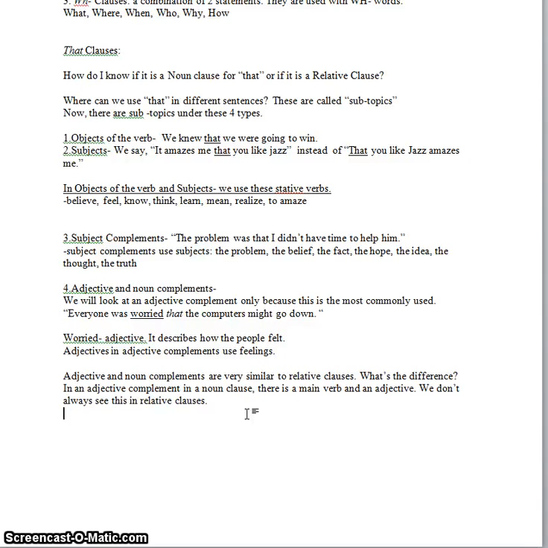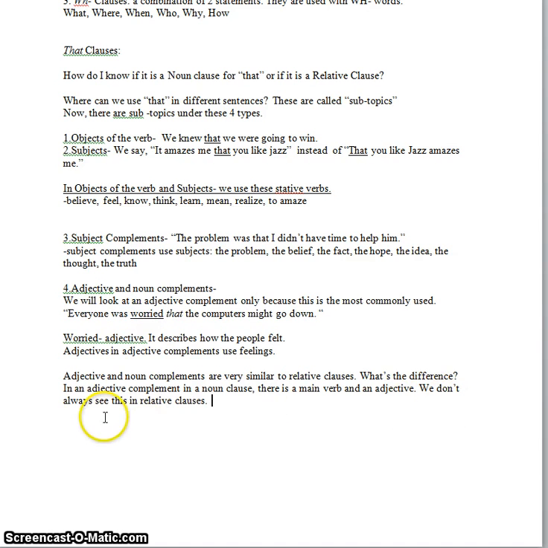Now, you might ask me, adjective and noun complements are very similar to relative clauses. What's the difference? Well, in an adjective complement like this, in a noun clause, there is a main verb and an adjective. So do you see the main verb here? Was is my main verb. Worried is my adjective.